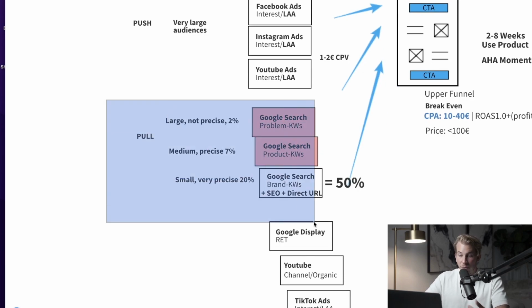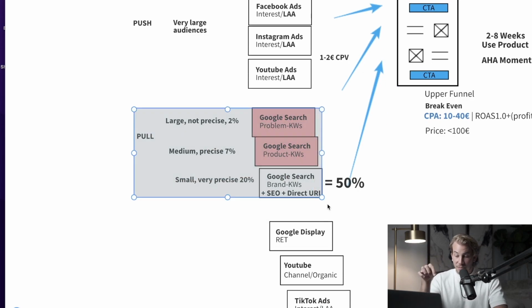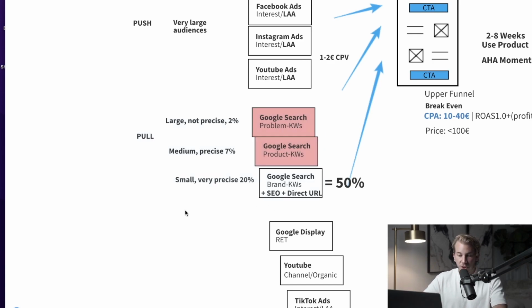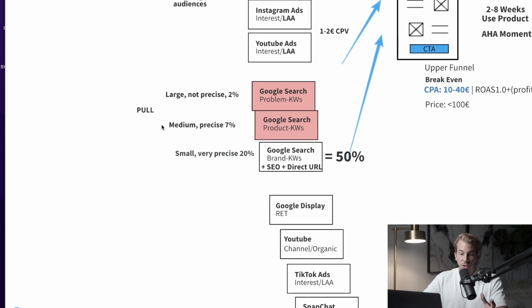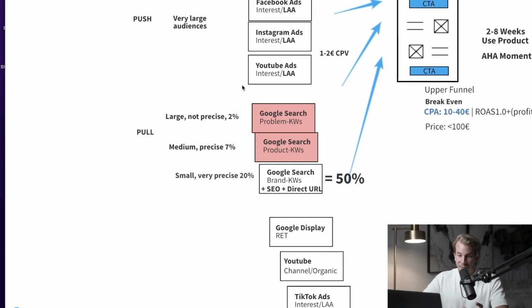While pull marketing means that customers have put something into their search bar, and this is mainly done on Google and other search engines, but also YouTube. YouTube has basically both.